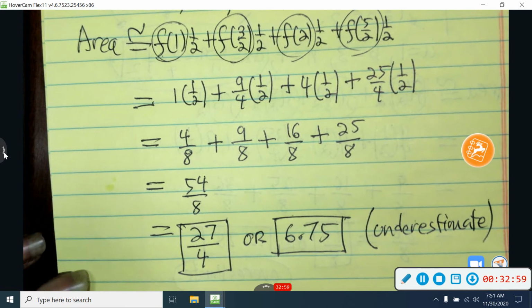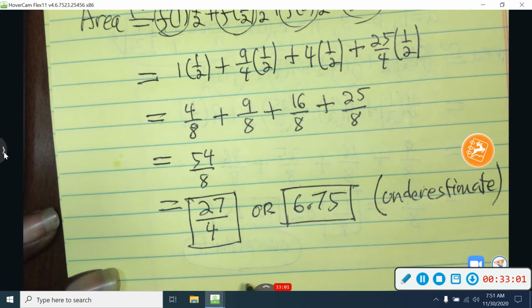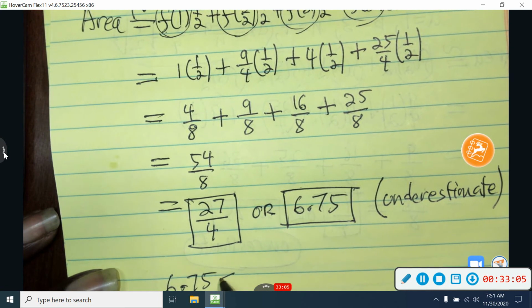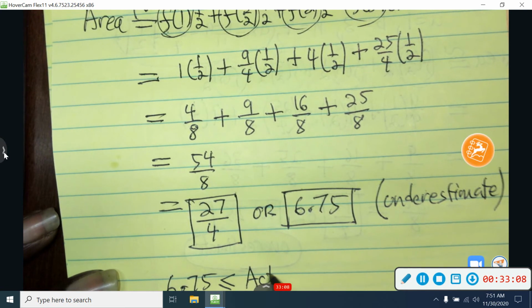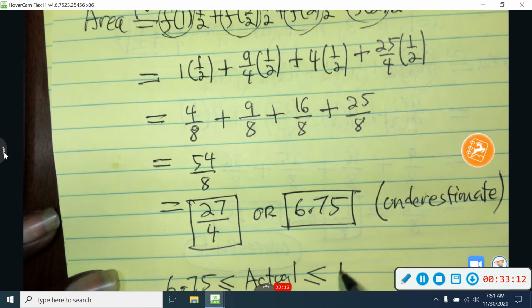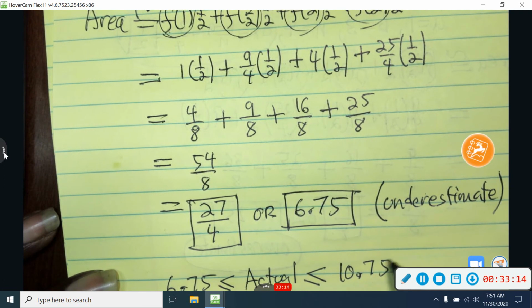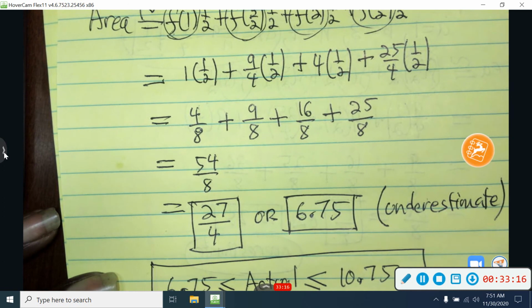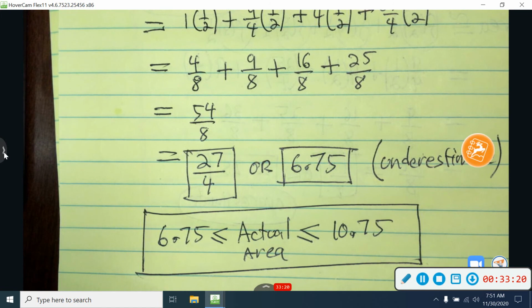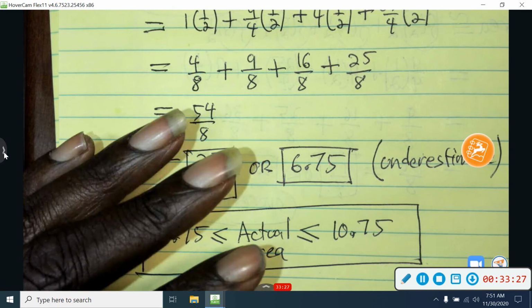So the actual true area is in between these two numbers. 6.75 is less than or equal to the actual area, and that's less than or equal to our 10.75. Somewhere in between those two numbers is the actual area, which requires you to do a limit of a sum to find. Okay, so we're just doing estimates right now.